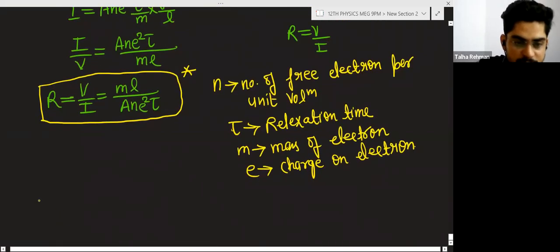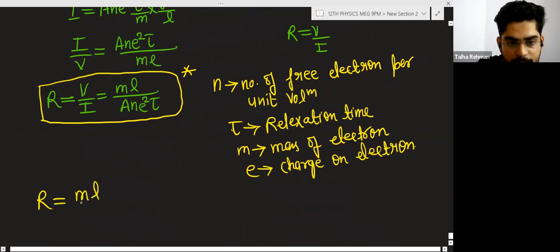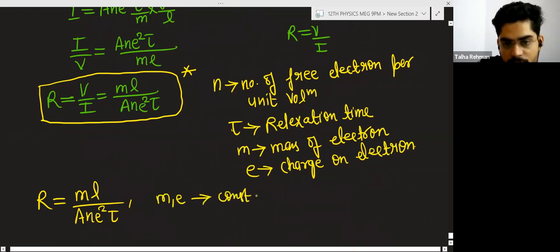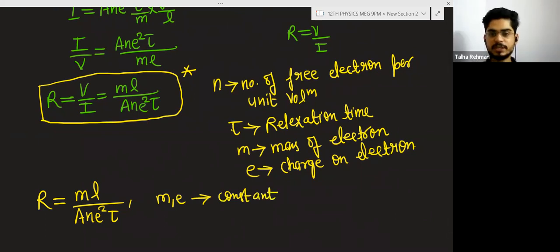So you have this resistance is equal to m L divided by n e squared A, with tau in the denominator as well. From here you can say the mass of electron and charge on electron will be constant. The mass and charge of the electron will never change.